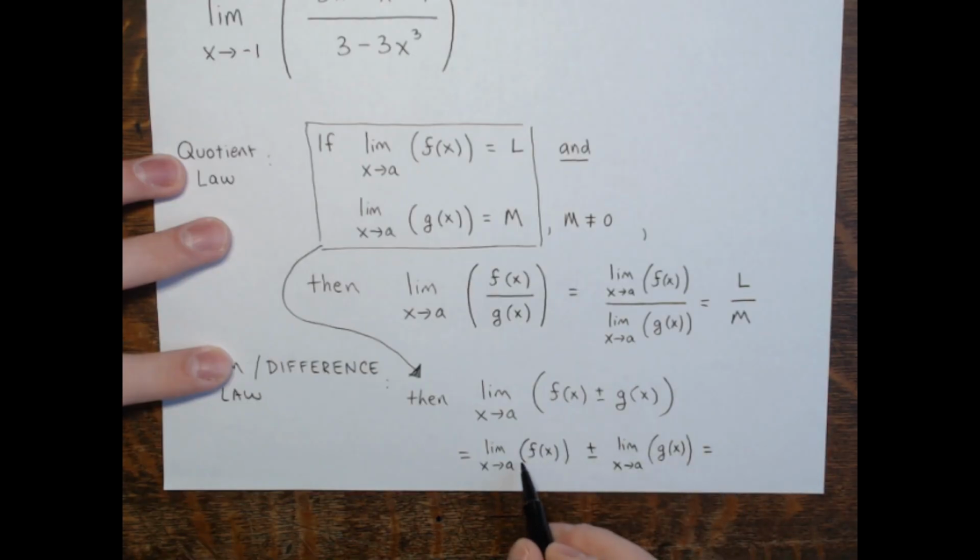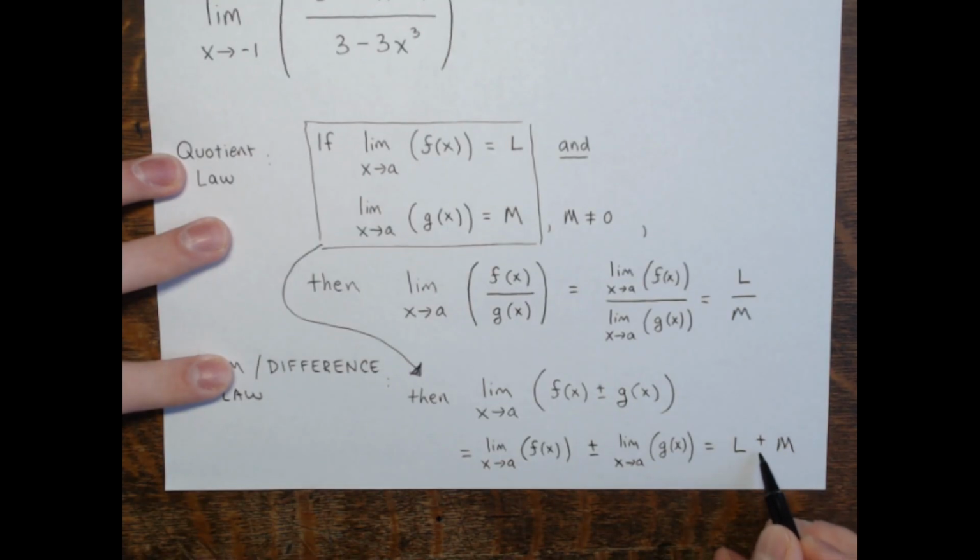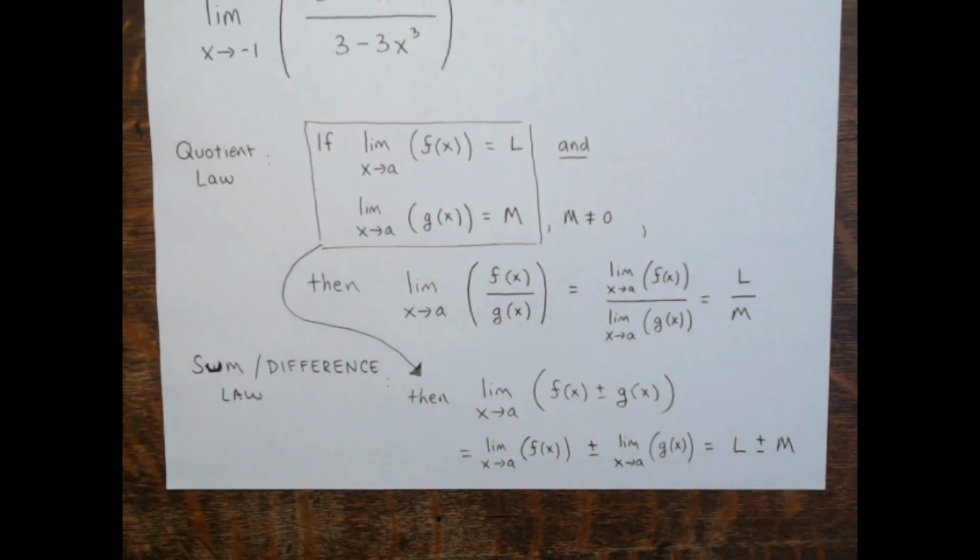These both exist, and one's L, one's m. So we get L plus m in the sum case, L minus m in the difference case.